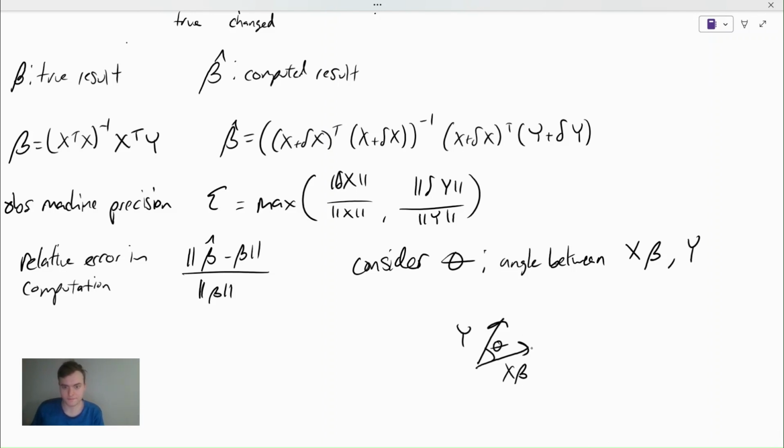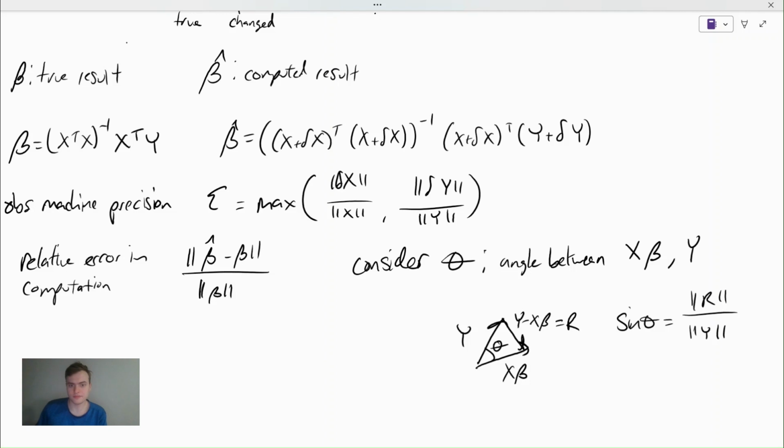And we can also say the difference, y minus x beta, is called the residual. So our sine of theta is going to be the magnitude of the residual over the magnitude of y.